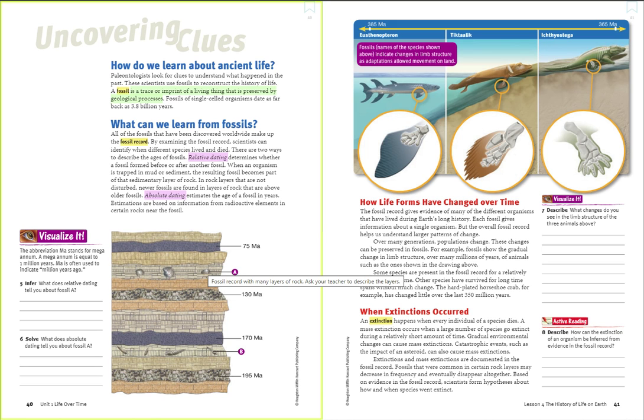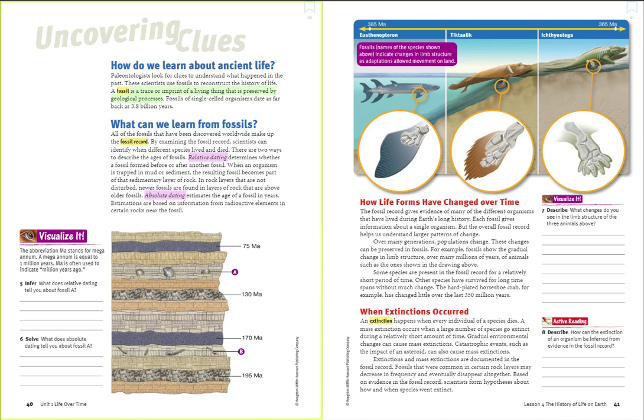What can we learn from fossils and the fossil record? By examining the fossil record, scientists can identify when different species lived and died, so we can know the time of living and how they died.